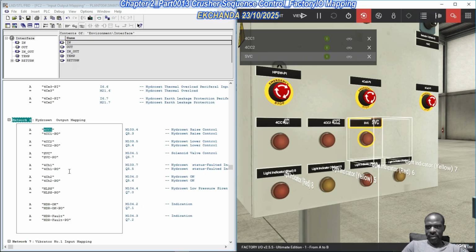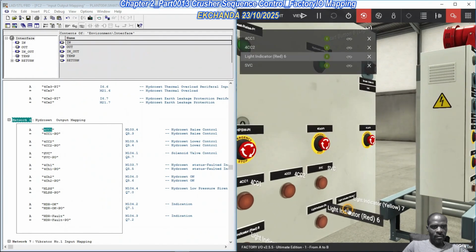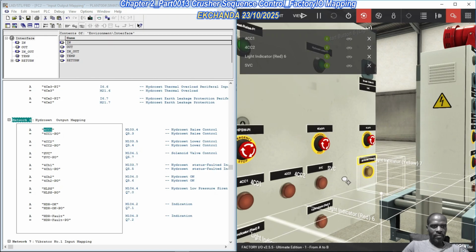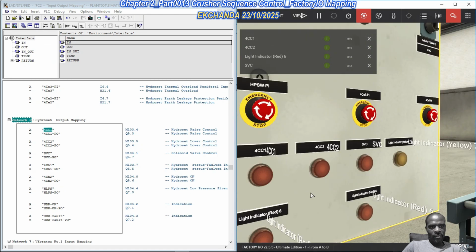And then what else do we have now? Okay, hydroset faulted indication, we're using the yellow indicator light, okay? Hydroset faulted indication. So this is 4CH1.